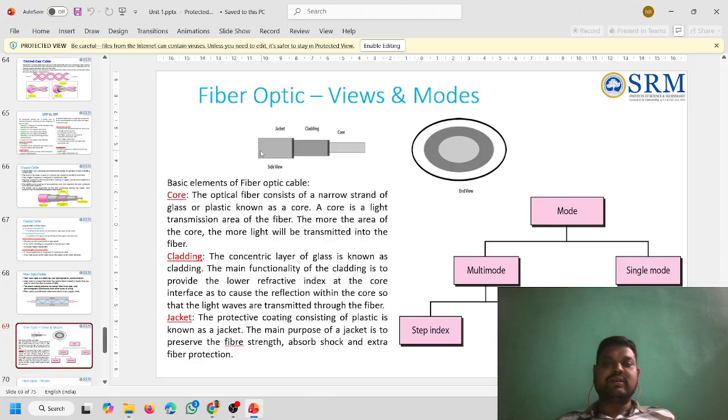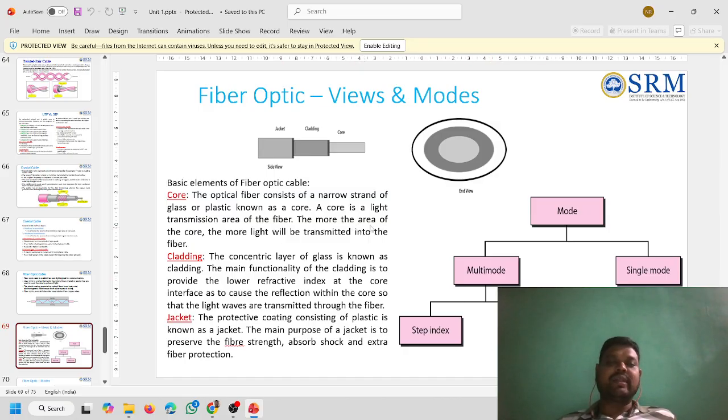This is the side cut and slicing view of optical fiber cables. It consists of two layers, core and cladding, encapsulated in the plastic jacket. This is the end view of optical fiber cables, and it supports variable transmission modes like single mode, multi mode, step index, and graded index.